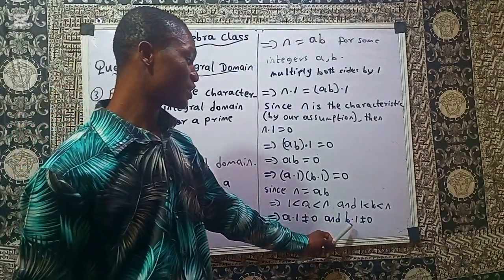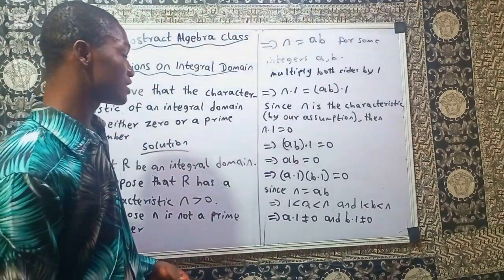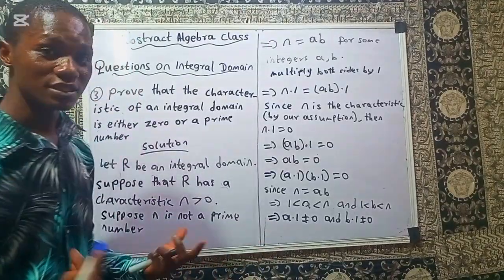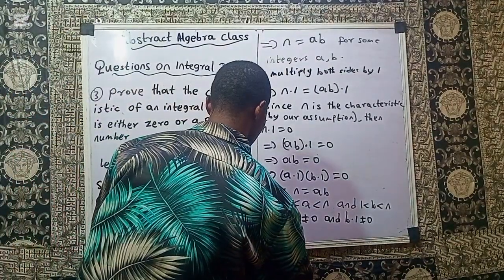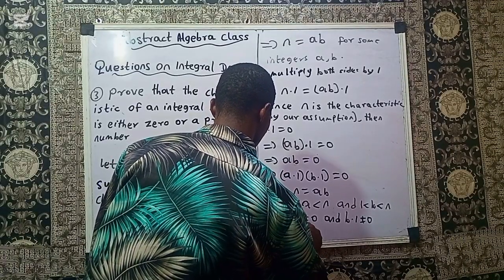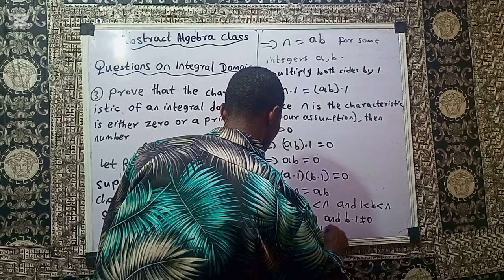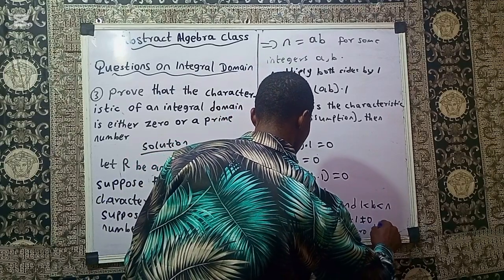And remember that b times 1 is the same thing as b, and it is not 0. It means that a and b are 0 divisors.